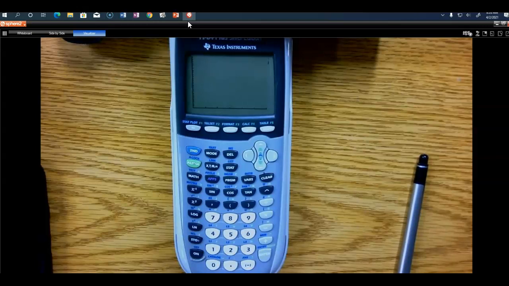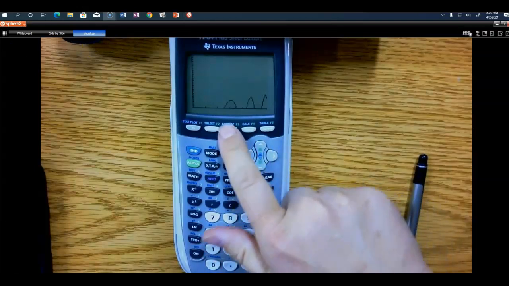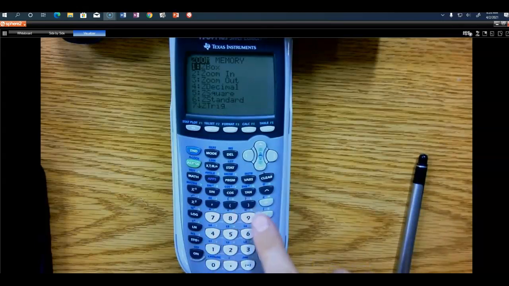All right, so I'm going to graph it, and this happens a lot where your window looks funny because you were doing math before and you never really thought about changing it back. So we need to fix our window here. So I'm going to go ahead and push zoom, and then I'm just going to push 6 for standard.